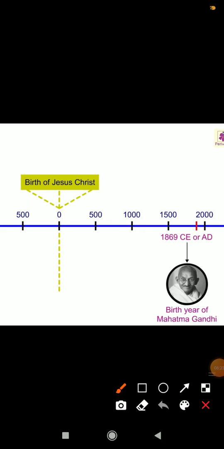The year 1869 CE or 1869 AD was the birth year of Mahatma Gandhi, the year when Mahatma Gandhi was born. So we can say that Mahatma Gandhi was born 1869 years after the birth of Jesus Christ.